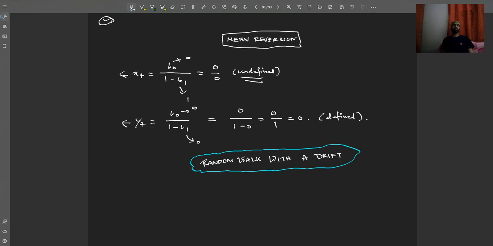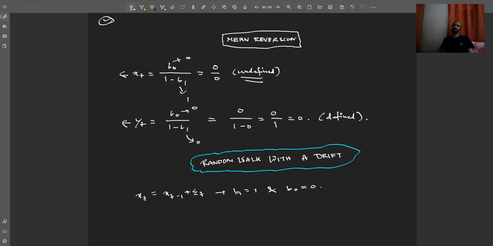So friends, what is a random walk with a drift? So we have learned that random walk is represented like this. Xt is equal to xt minus 1 plus error at t, right? Now here b1 is equal to 1 and b0 is equal to 0.